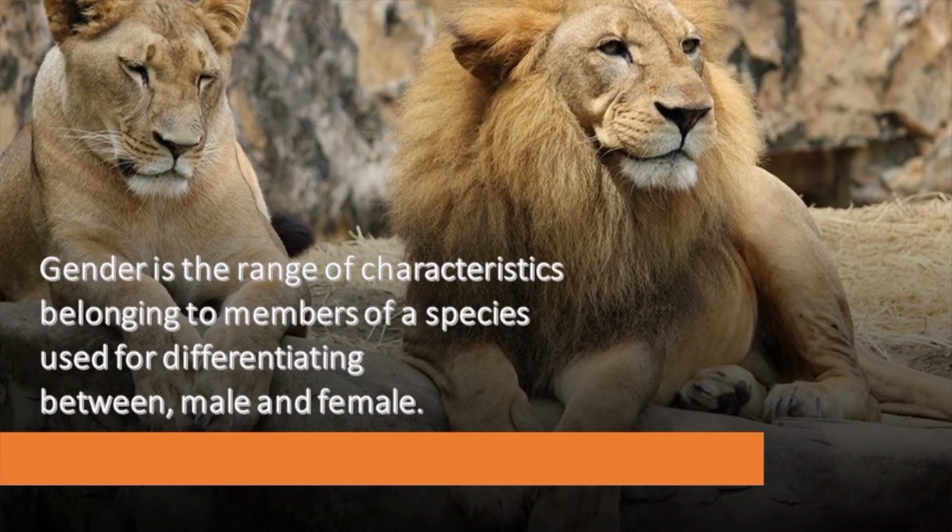The picture that I had put up is one of a lioness and a lion. And if you take a look at these two different looking things, they are the same kind of animal. They are both lions. But one is a female, that is the lioness. One is a male. Can you identify any major difference between these two? See if you could take it in.